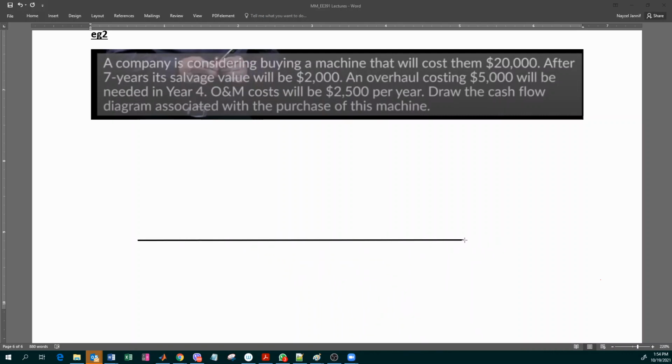Can somebody tell me how many little things there were? It's a 7-year time frame. Can somebody see that? So that's 0, that's 1, 2, 3, 4, 5, 6, 7.